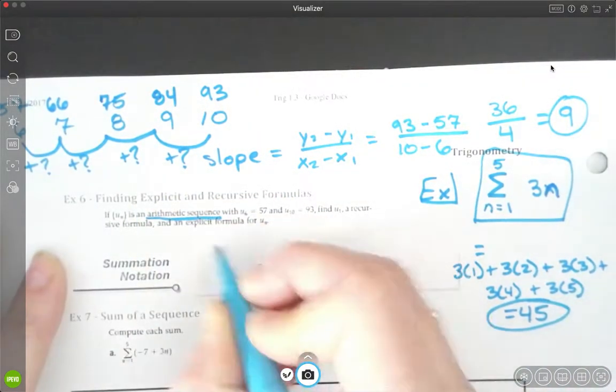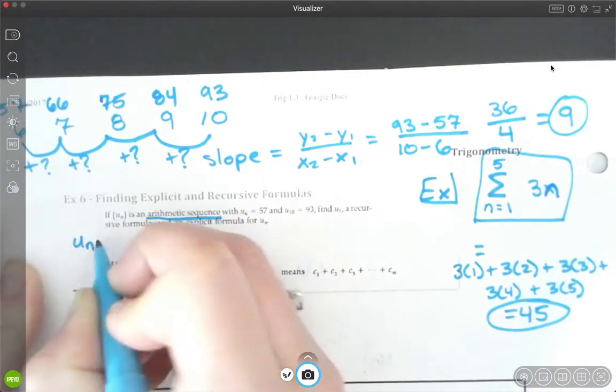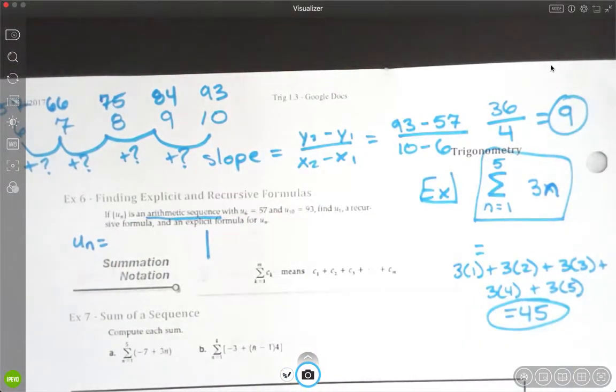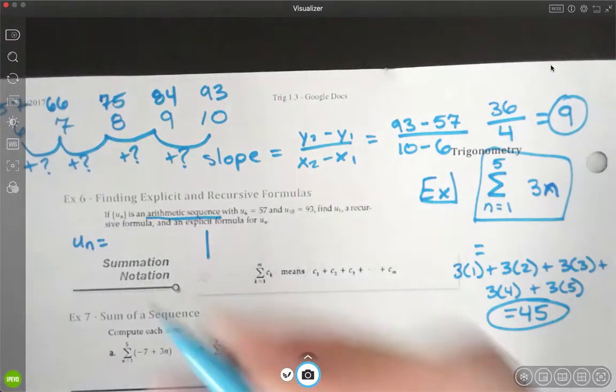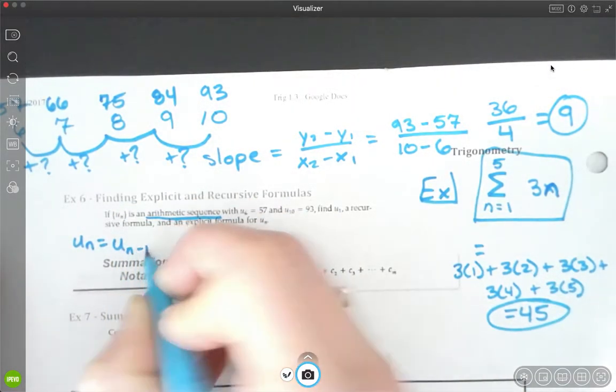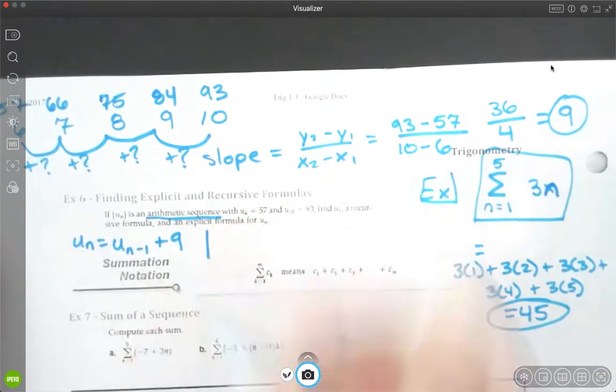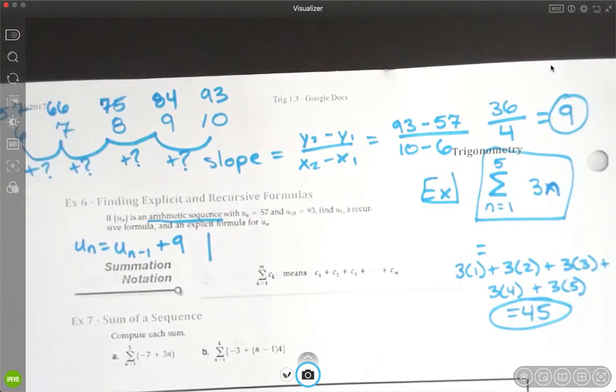So if we're adding 9 each time, the recursive formula is u sub n minus 1 plus 9, yeah? That's the recursive formula. Okay?